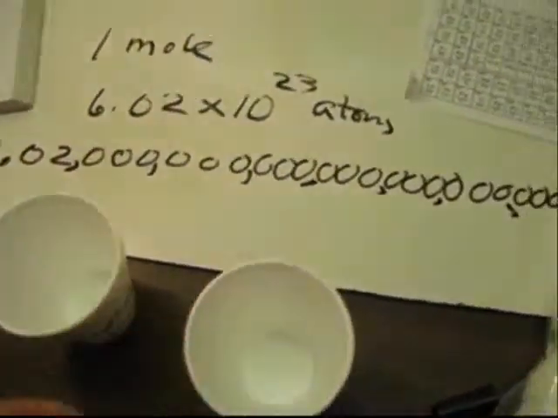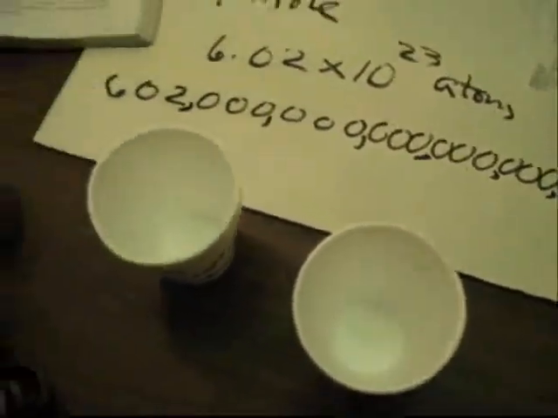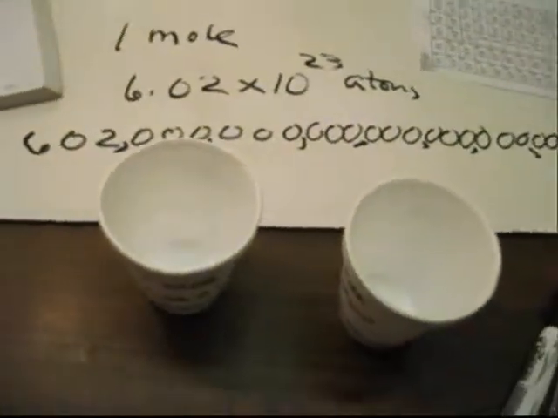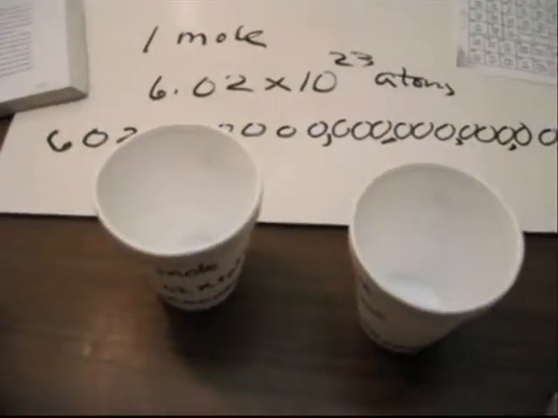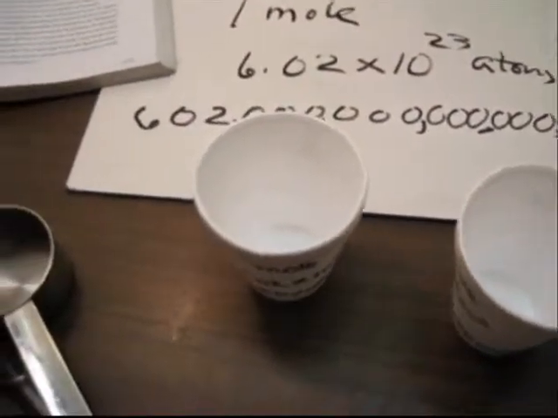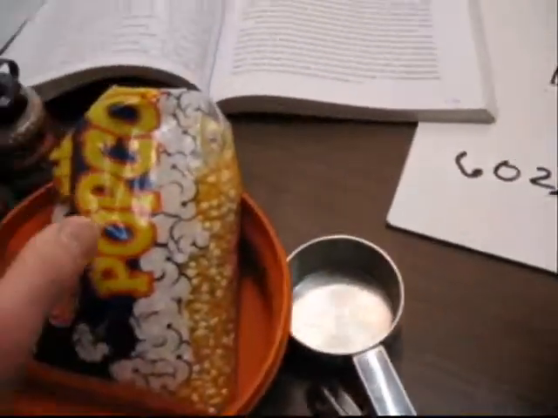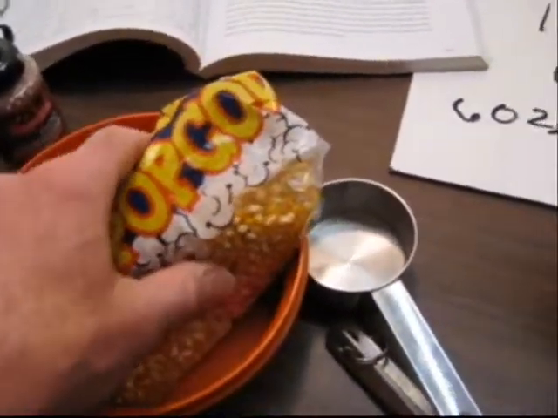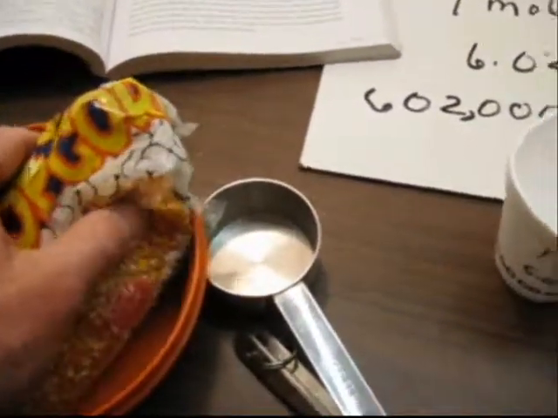Next, what you'll need to have for your students is 2 different substances, and for this activity, we'll call them our elements. You'll want something that's rather dense that you can put in one, and I'm going to use popcorn.